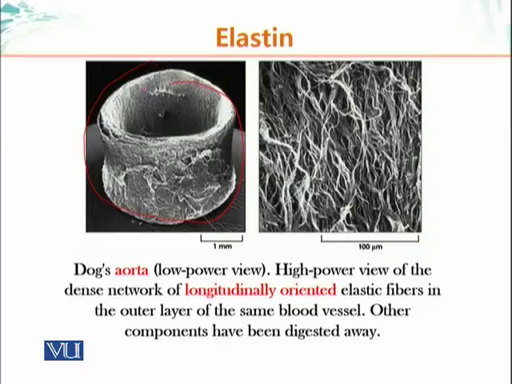If you look at it up close, you can see this dense network of longitudinally oriented elastic fibers, which are in the outer layer of this same blood vessel, observed with a higher magnification. Also, I should point out, what you are seeing is basically elastic fibers, because the other components of this structure have been removed through digestion by different enzymes.